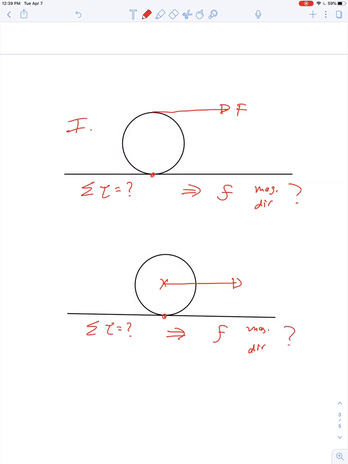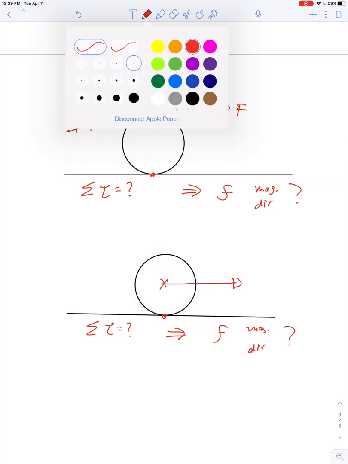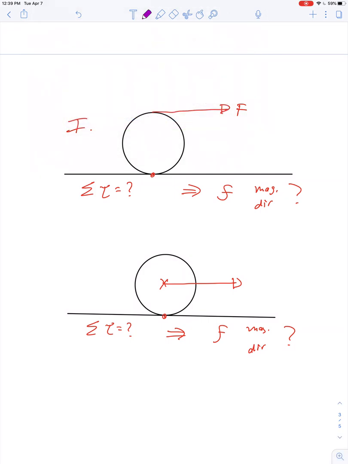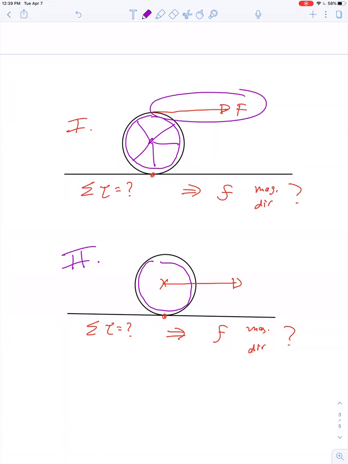I think if you go through a similar exercise as we did for the solid cylinder, and by the way, the wheels on a Conestoga wagon are not solid discs or solid cylinders, they're hoops or rings, and so they have a different formula for calculating the rotational inertia. So take that into account as you attempt to solve this problem two ways. Once, when the force is applied near the top, and again, when the force is applied at the center of mass.